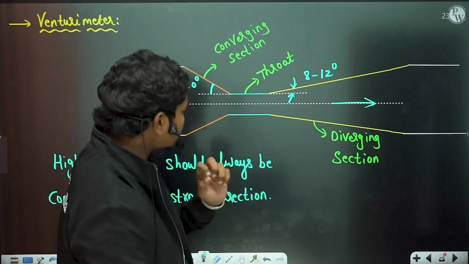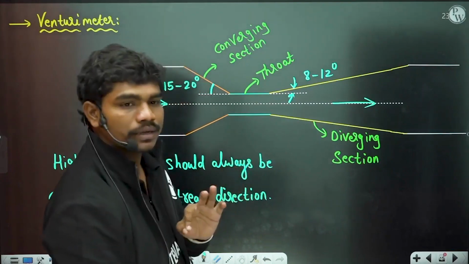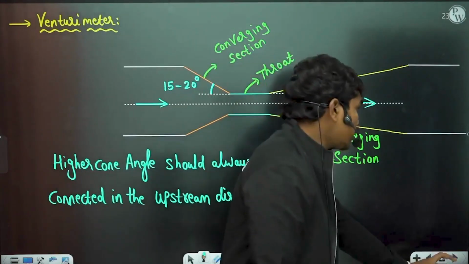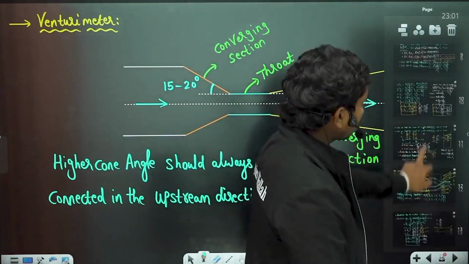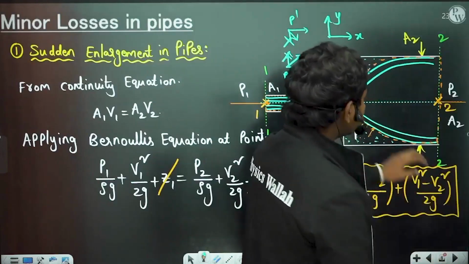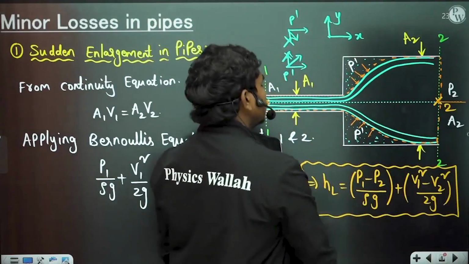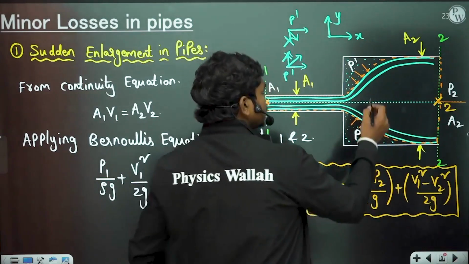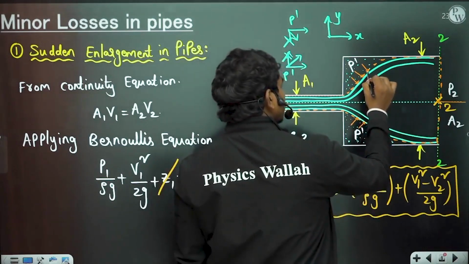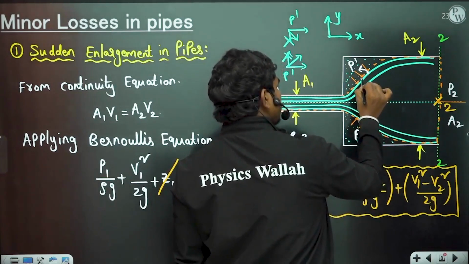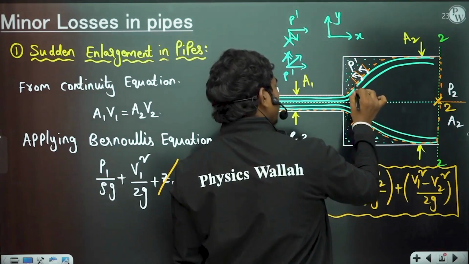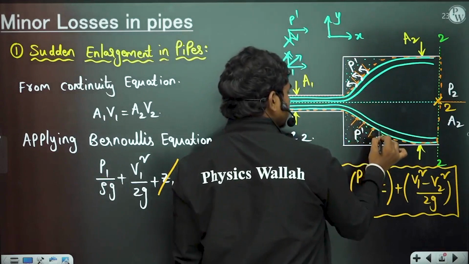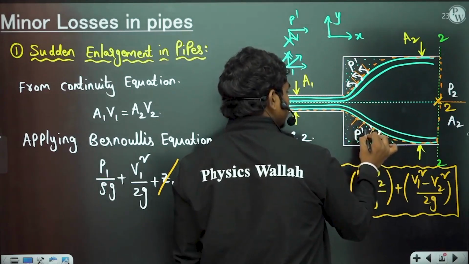And also one more problem that arises here is, look, whenever there is some sudden enlargement, there is one concept called flow reversal, which we will see later in boundary layer theories. Here there are some particles of the fluid which try to fall back. Similarly here at this point in the flow.